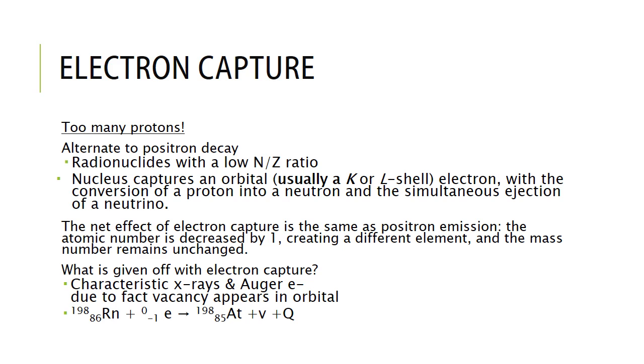So again, with electron capture, you're going to have either characteristic X-rays emitted, or Auger electrons emitted that carry away that excess energy. A lot of times we don't talk about characteristic X-rays as having a significant impact in nuclear medicine imaging, but they actually do.